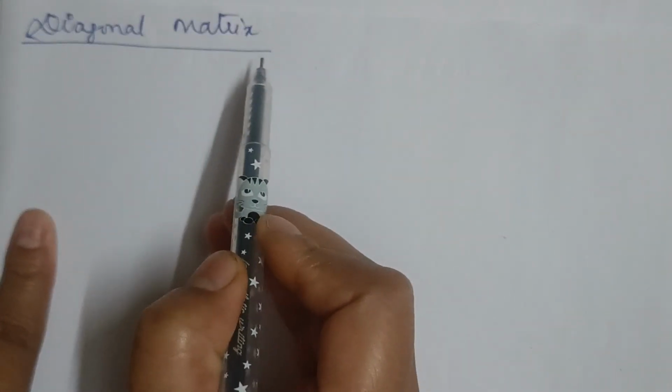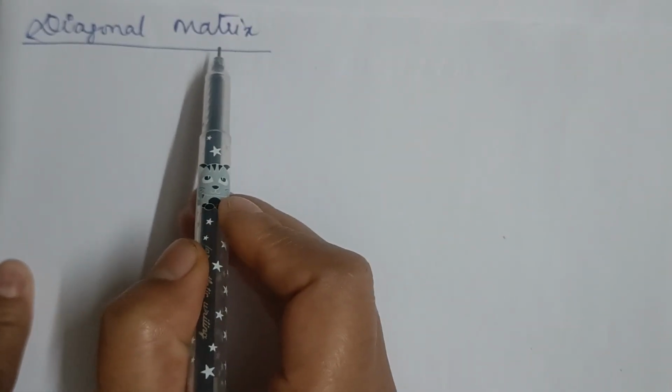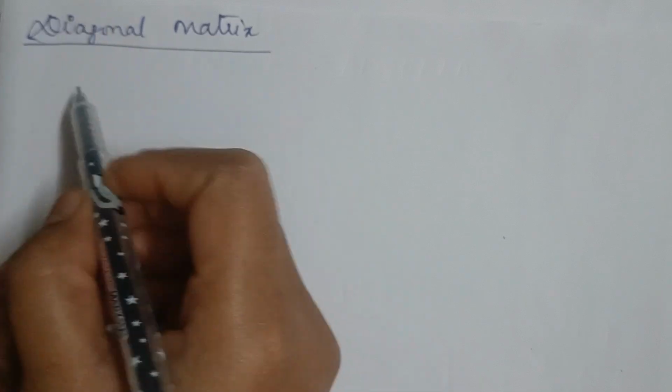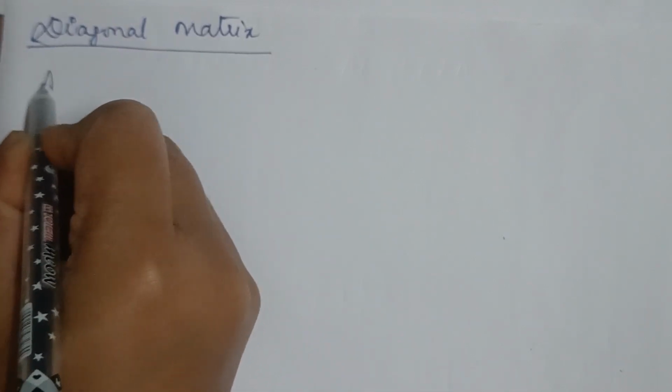Now this is the diagonal matrix. I'll just write down the definition.